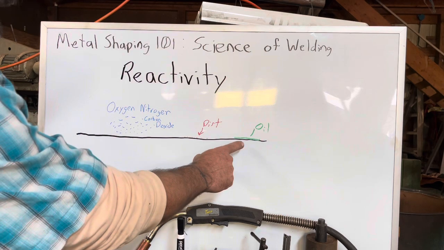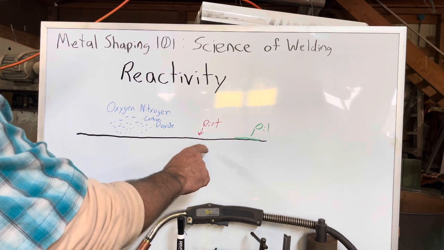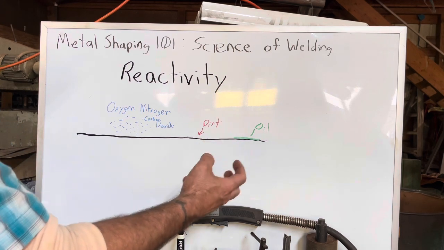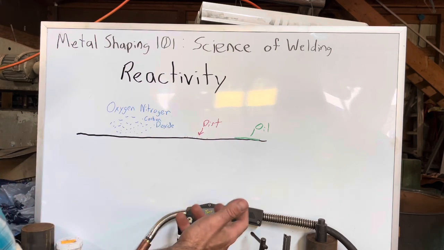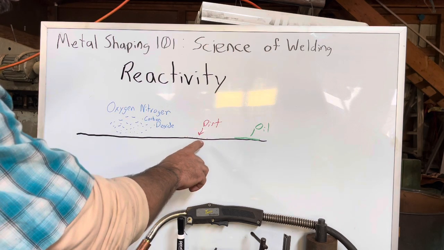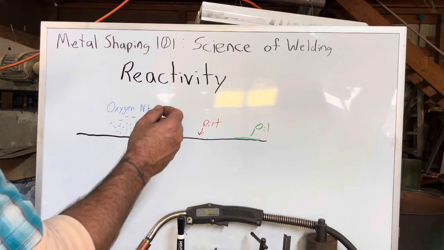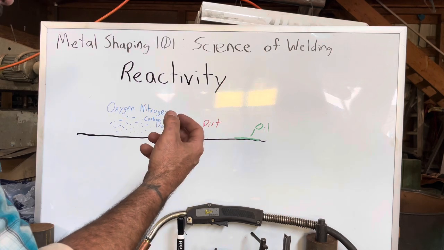Well, you can imagine the boiling point of oil is much lower than the steel. And it will off-gas and create little gas bubbles inside of our material. Porosity. Porosity is just little gas bubbles inside the material. Dirt, same thing. It's things that are going to get inside of our puddle and change the characteristics of our metal and cause harm to it.